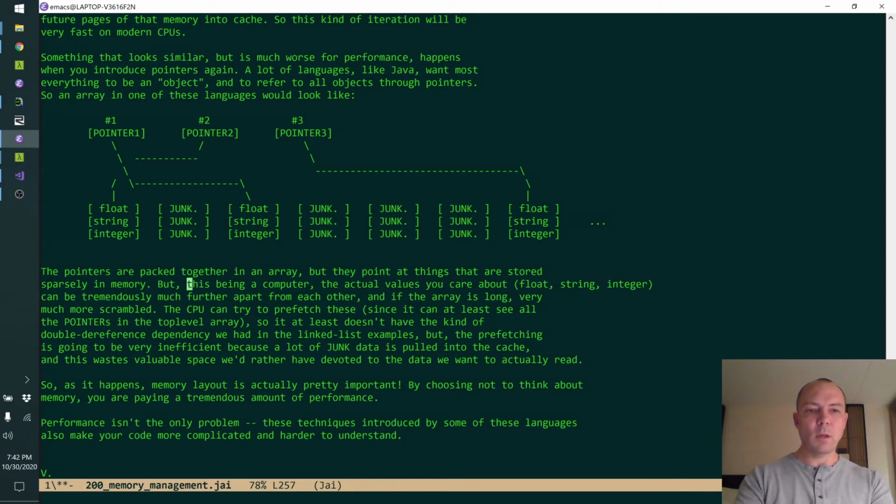But this being a modern computer, the actual values you care about, then we can draw in a diagram like this.